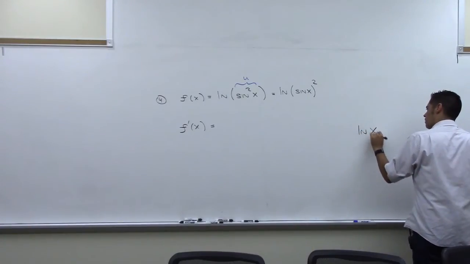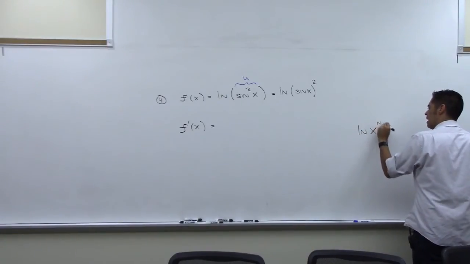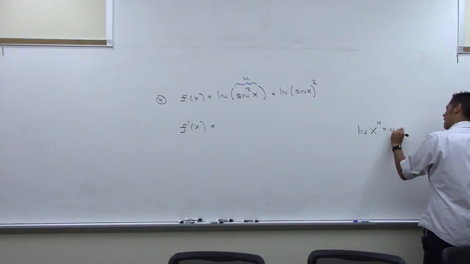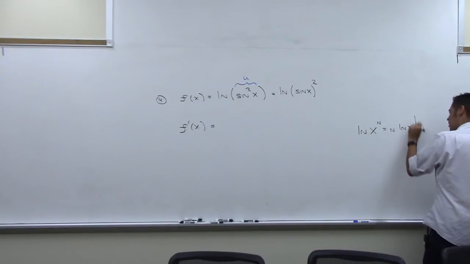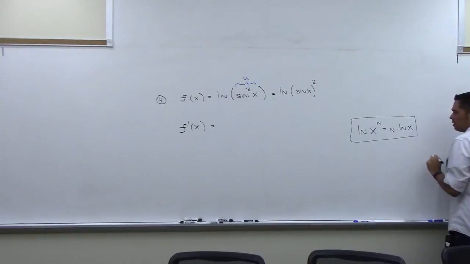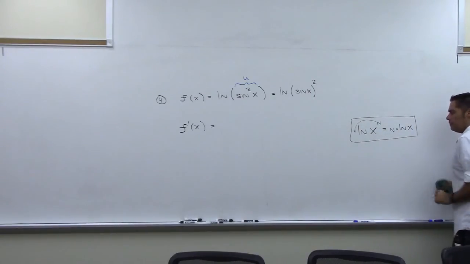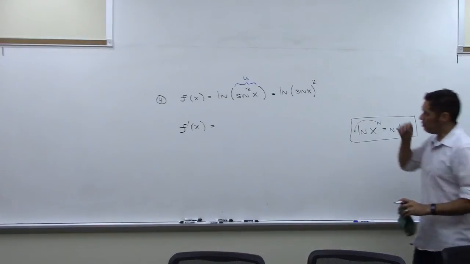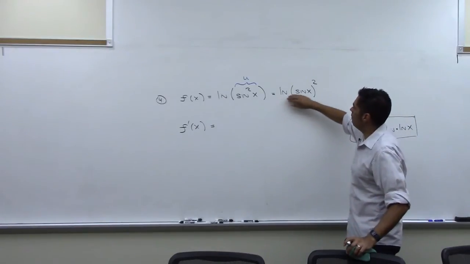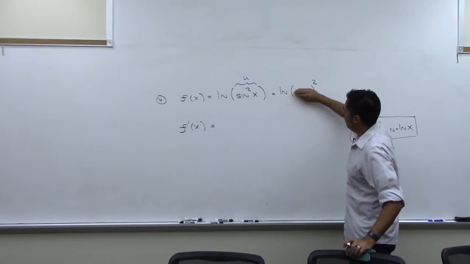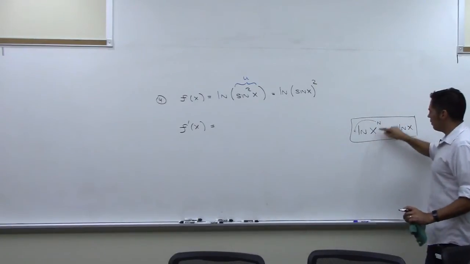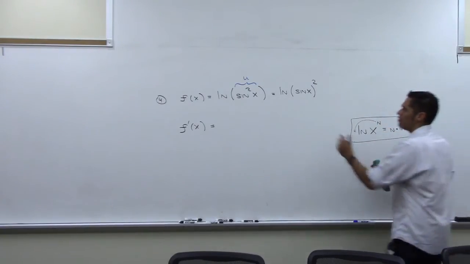If I had natural log of something to the n power, we can bring the n power out front. This was a major property in algebra, that n can drop out in front and become multiplied. Very, very nice formula. So what I realize here is I have natural log of x squared, and that 2 can come out.